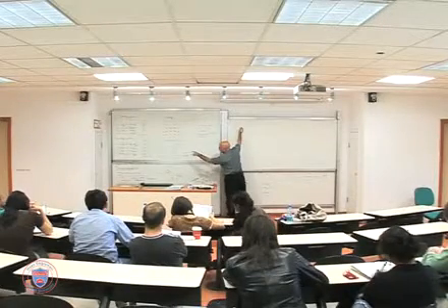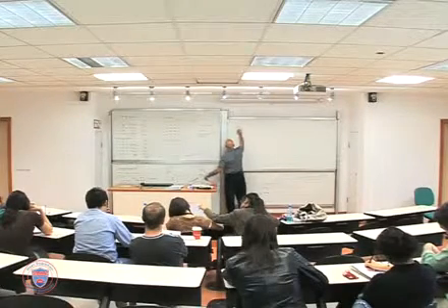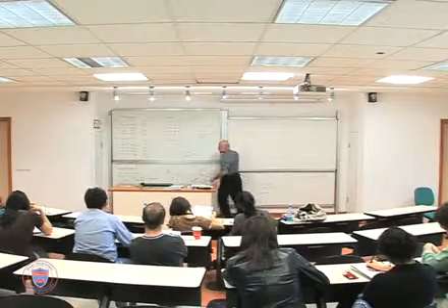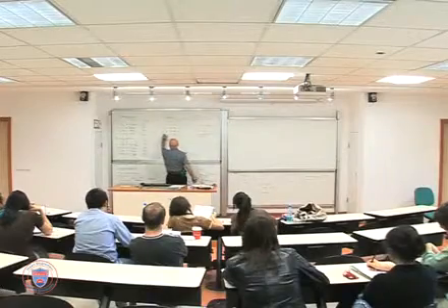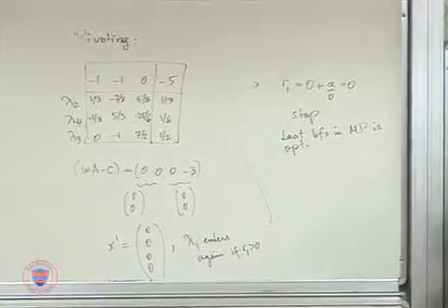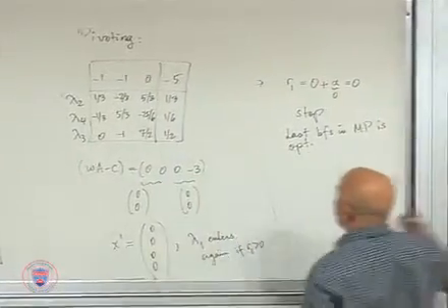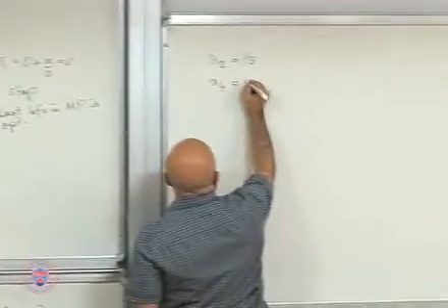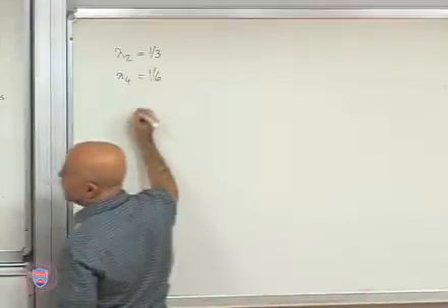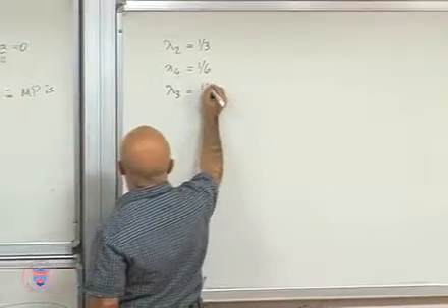Lambda 2 is equal to, what is it, 2/5? Lambda 4, sorry, it's going to be 1/3. I'm looking at the wrong one. Lambda 2 equals 1/3, lambda 4 equals 1/6. Lambda 3 equals 1/2.